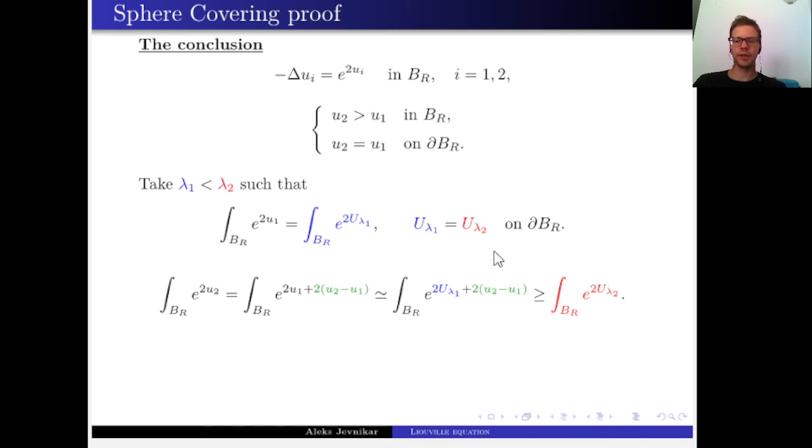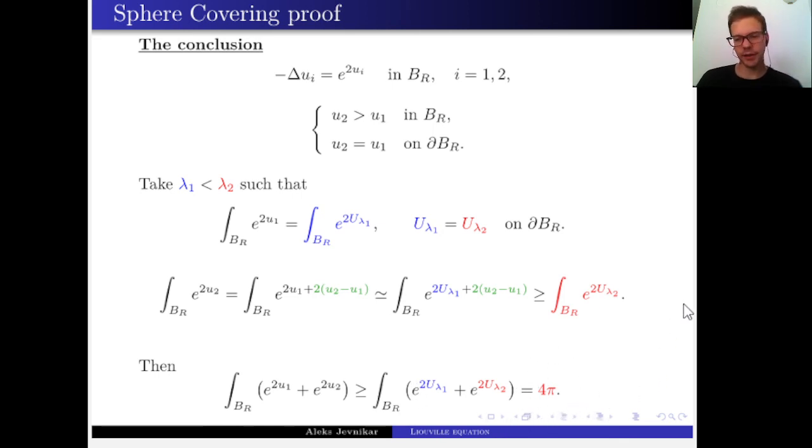Alright, and so we are done, because we just collect together these two pieces of information. The first solution is the same as the smaller spherical cap. The second solution is bigger than the bigger spherical cap, and we know that this is exactly the equality case, which gives the area of the sphere, 4 pi.